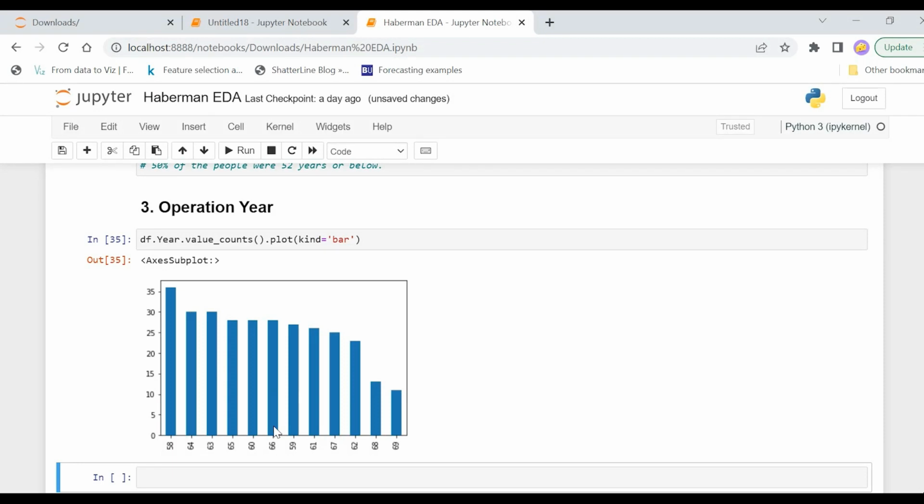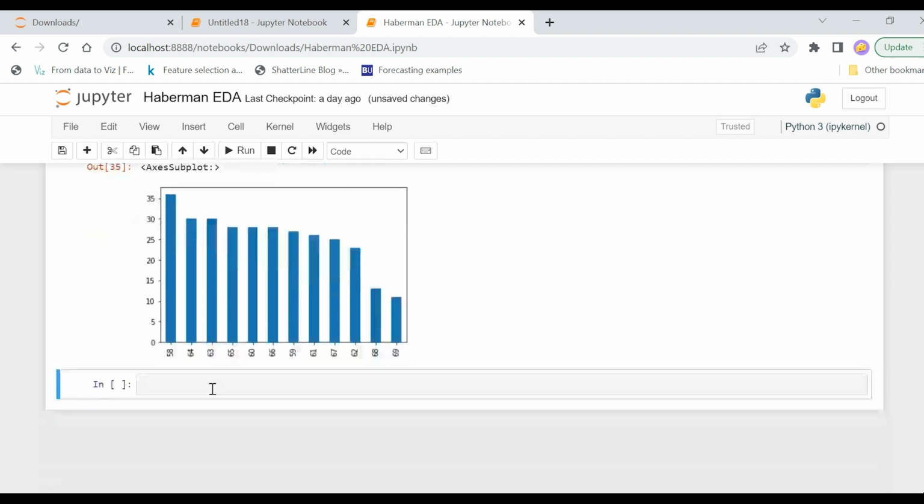So you can see that in the 58th year, or 1958, the highest number of operations was done, then 64 and 63. The minimum operations were done during 68 and 69. So this is the trend. Here you cannot get a lot of insights, but you can say that after 67 the operations were fewer, very few operations were done during these times.